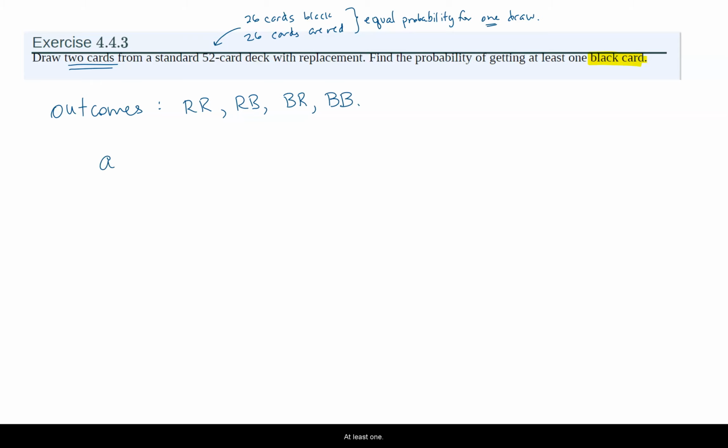Now, at least 1, this is the probability we're looking for, the probability of at least 1 black. So looking at the outcomes, which ones have at least 1 black card? At least 1 means 1 or 2.